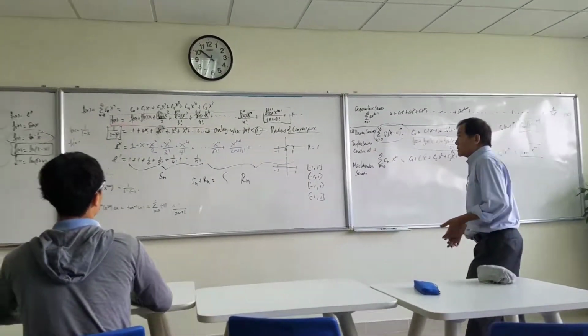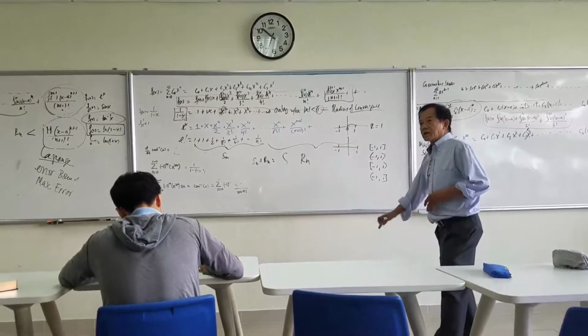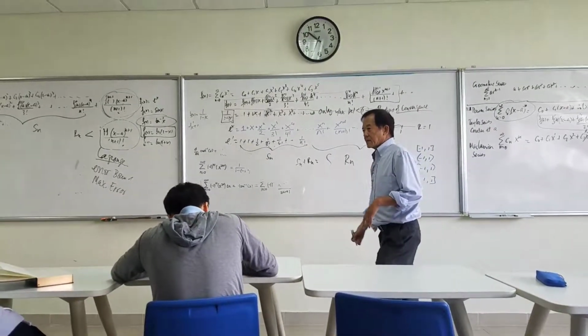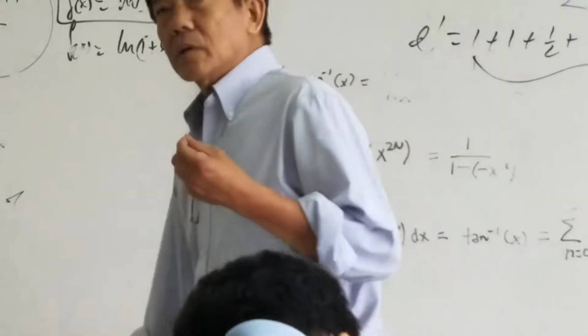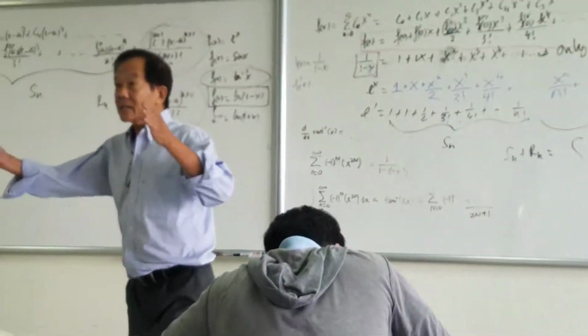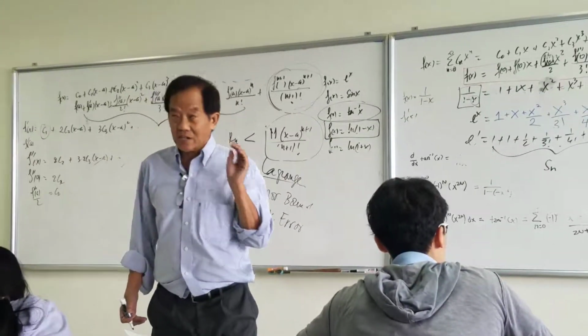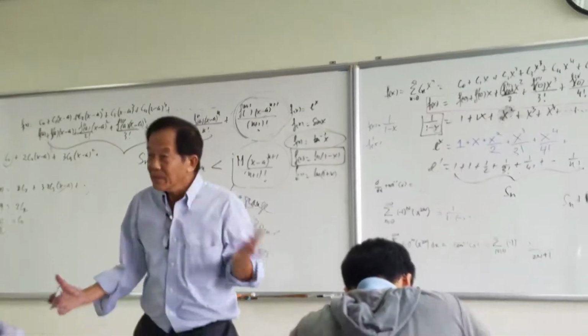Okay, the whole series we learn later on is that we don't know the answer, but you do know, if you need the error less than a certain number, how many terms you need.